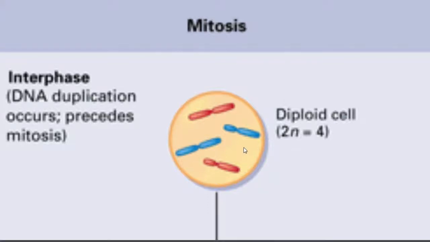And even in this one with the 4, we've got 4 chromosomes, or 2 pairs. We've got 2 large chromosomes and 2 slightly shorter chromosomes. They've been colored red and blue, which is convenient, because each of those pairs we call homologous pairs. The 2 large ones are one homologous pair, and the 2 small ones are a homologous pair.